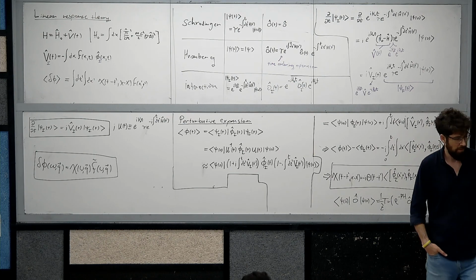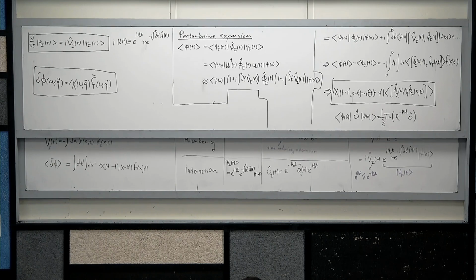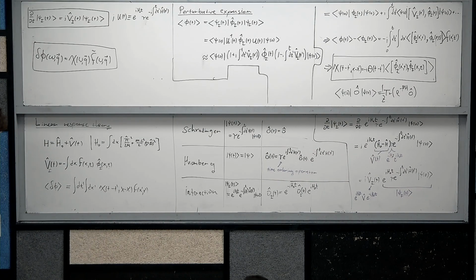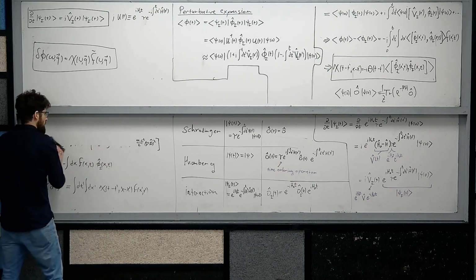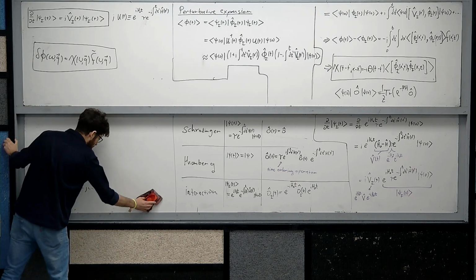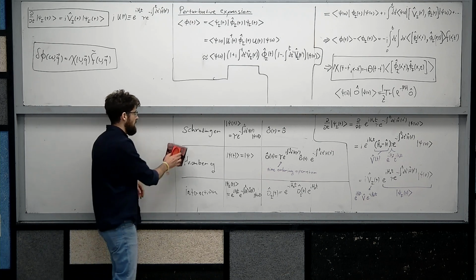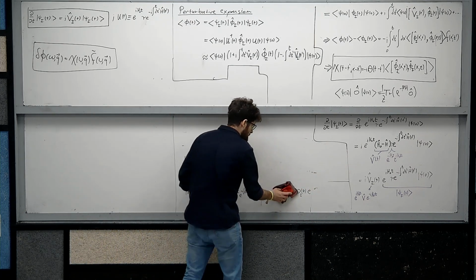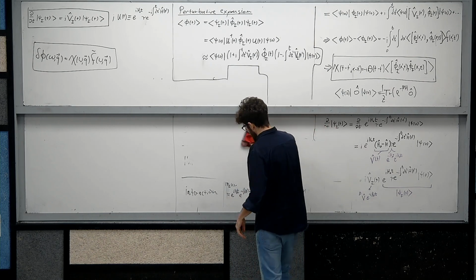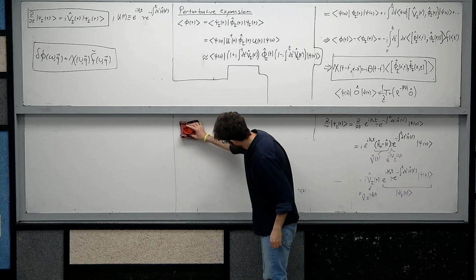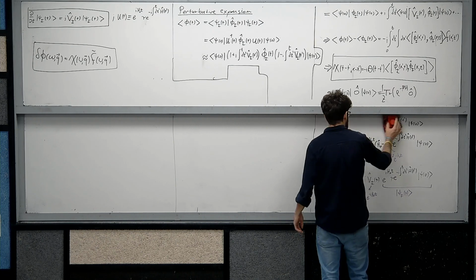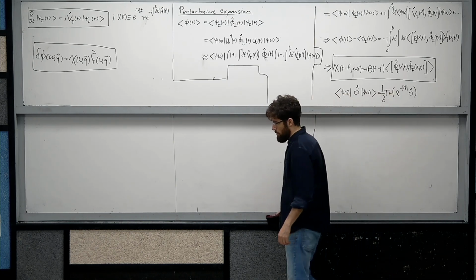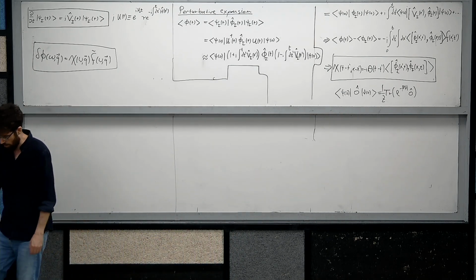Okay? Thanks. Now we're going to talk about dissipation. Dissipation of energy. So the field that we apply is driving the system. The question is, how much energy is being pumped into the system? To do that, we're going to look at the expectation value of the Hamiltonian, which is the energy basically, and see how it changes with time.